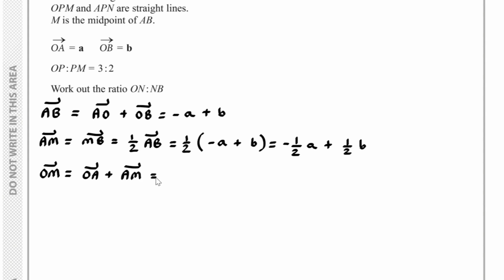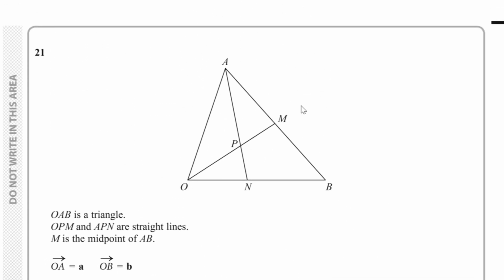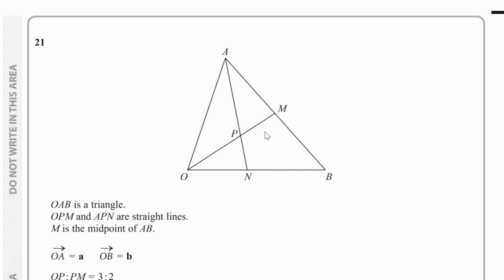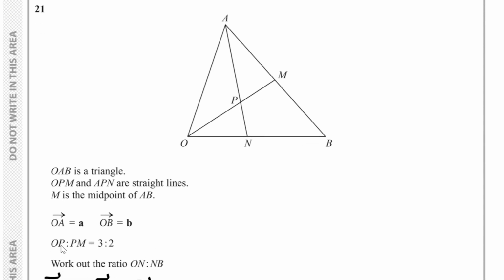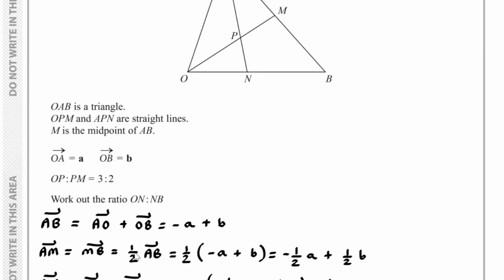So the vector OA, I know that's A. And the vector AM, I've just found that to be minus 1/2 A plus 1/2 B. And it turns out here, we get 1/2 A plus 1/2 B. So I know what OM is. I can now find out what OP is, and I can use this ratio here.